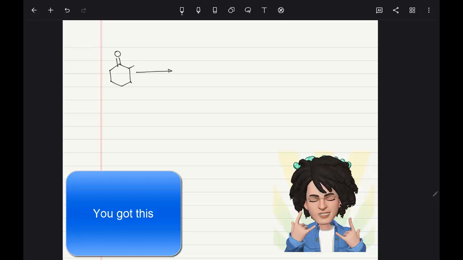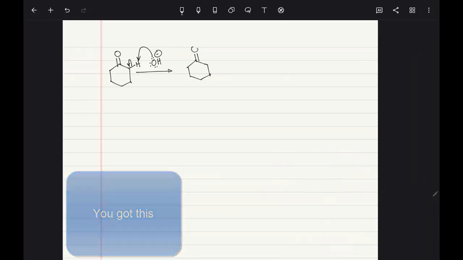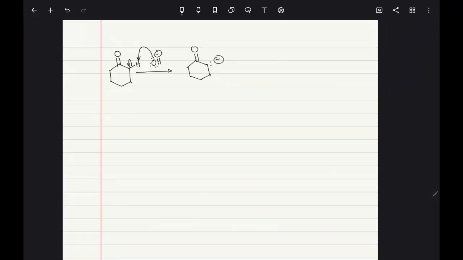And if we just use a regular ketone, we're going to end up with a side reaction where if we deprotonate at the alpha position, now we've formed a nucleophile that then can just do an aldol condensation with itself or with another carbonyl.